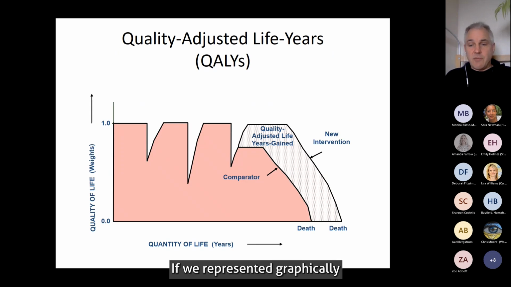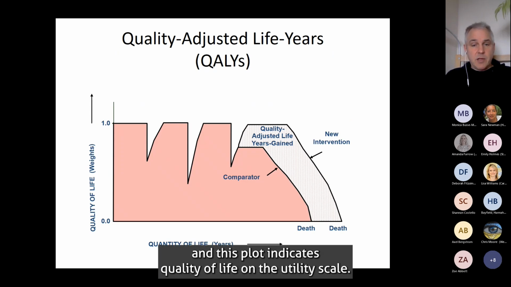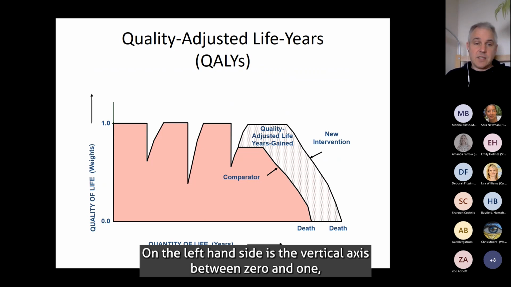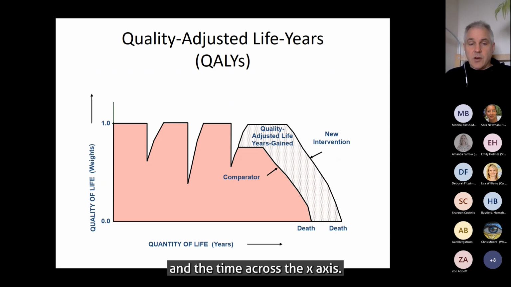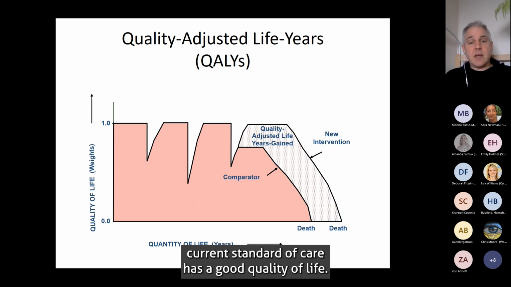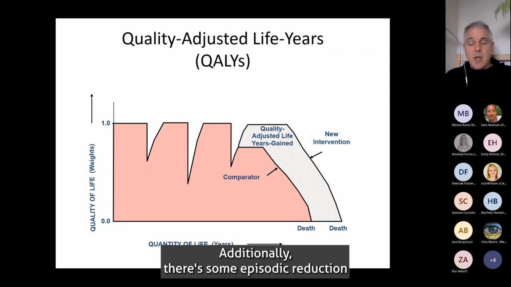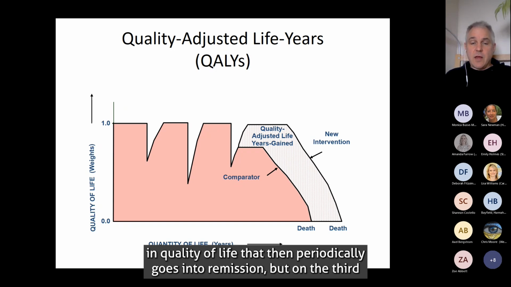If we represent it graphically, then this plot indicates quality of life on the utility scale. On the left-hand side, there's a vertical axis between 0 and 1, and then time across the x-axis. And you'll see that the current standard of care has a good quality of life initially, but there's some episodic reduction in quality of life that then periodically goes into remission.